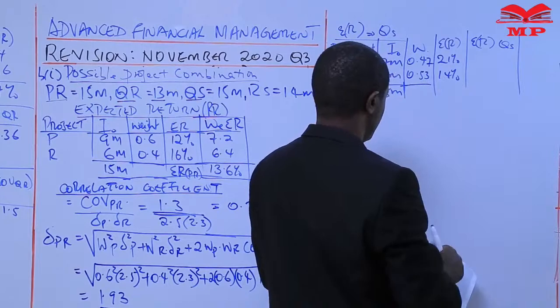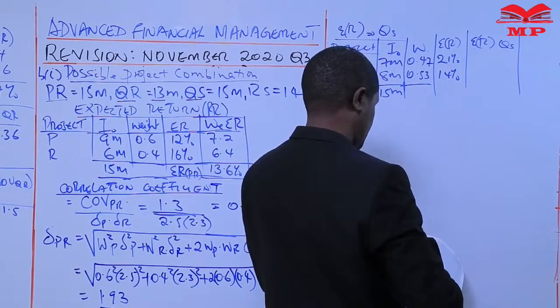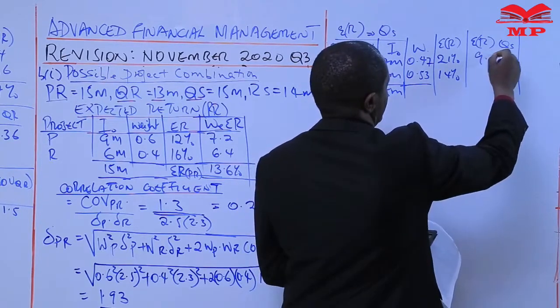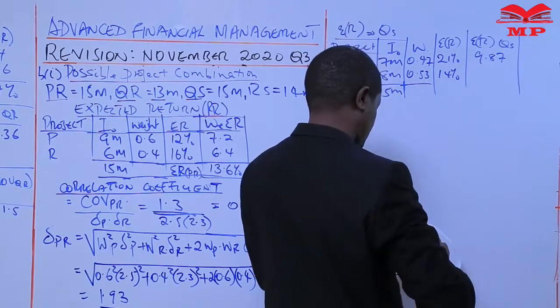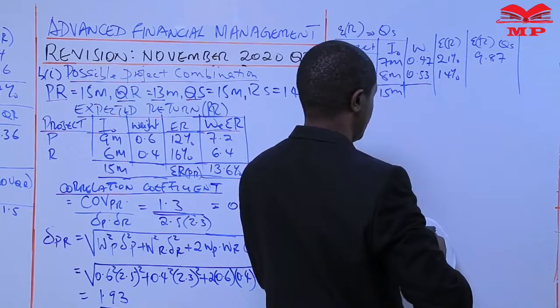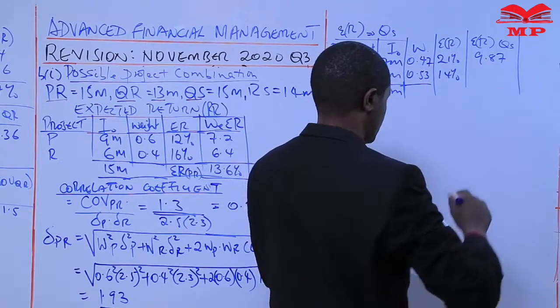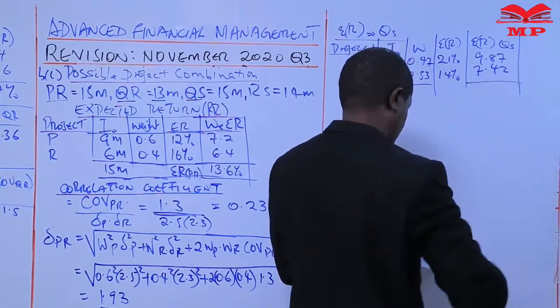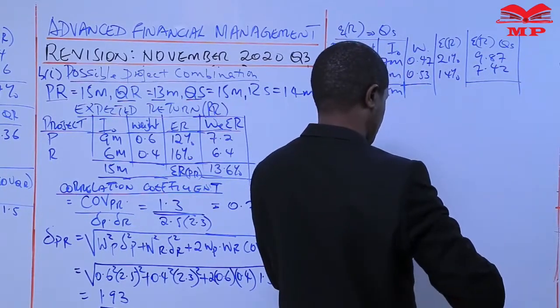Therefore, 0.47 times 21% is 9.87%. 0.53 times 14 is equal to 7.42%, plus 9.87%.